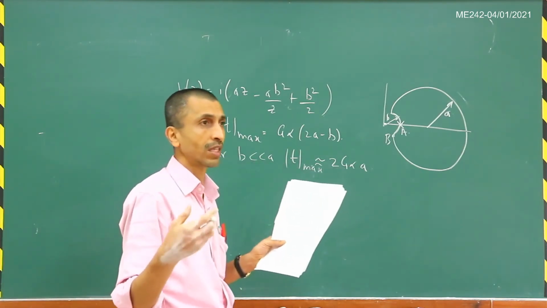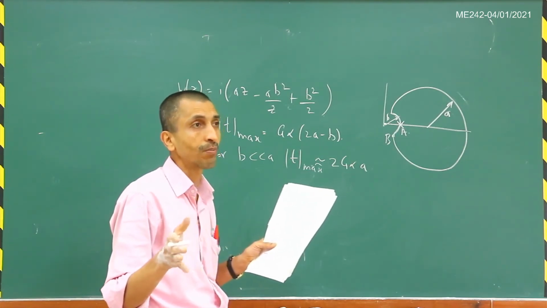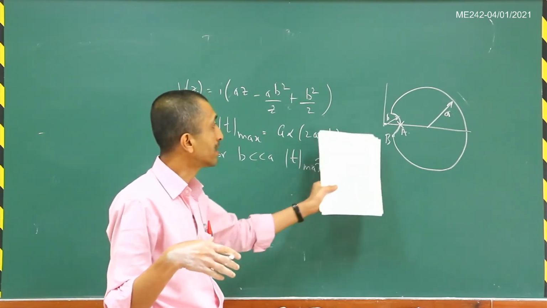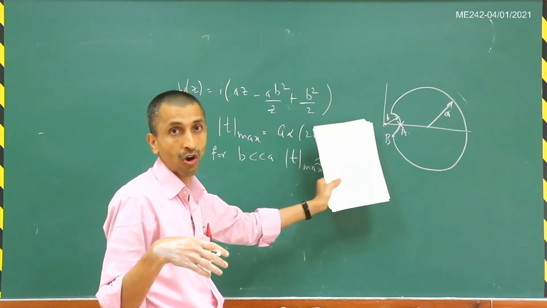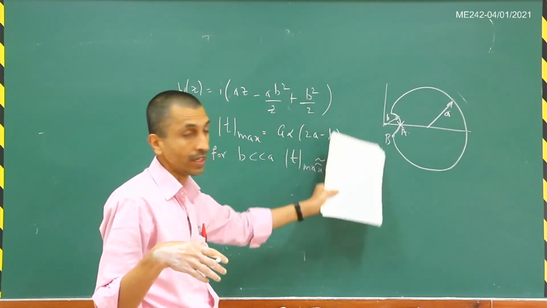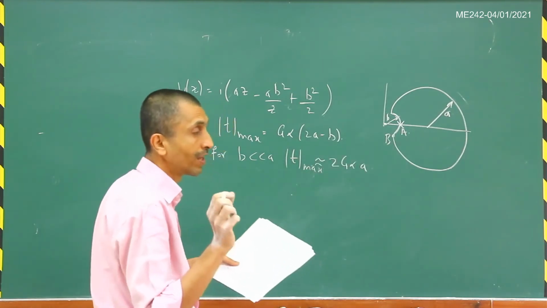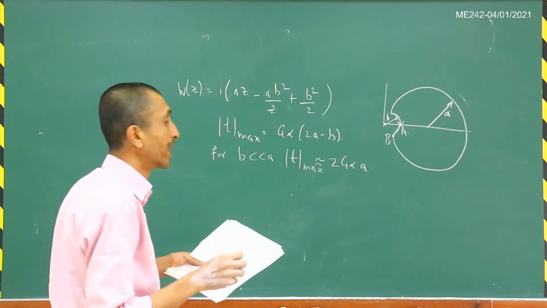So this is something that I was mentioning last time, that you cannot simply take the limit as B tends to 0 and get the result for the solid shaft. Okay, so the moment you have even a very small groove, you will get a stress concentration.